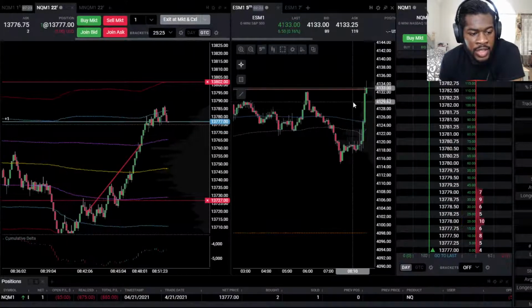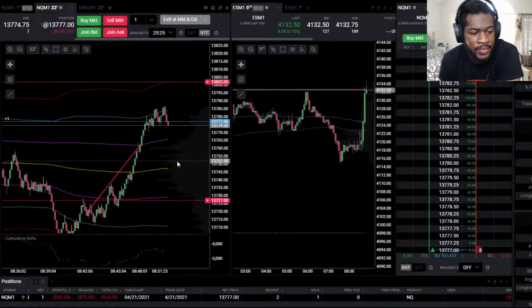ES pushing, ES trying to get through the pivot point, having a hard time with it though.